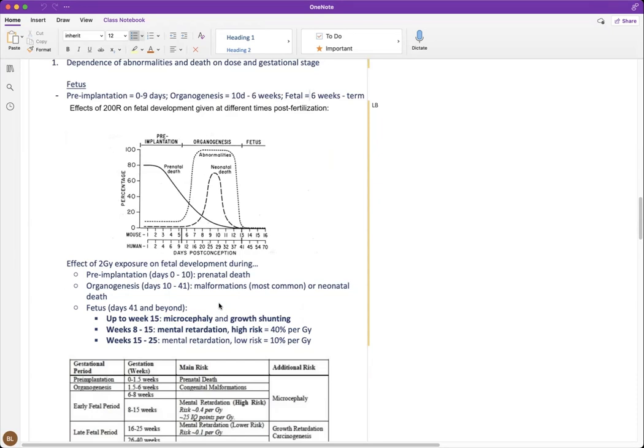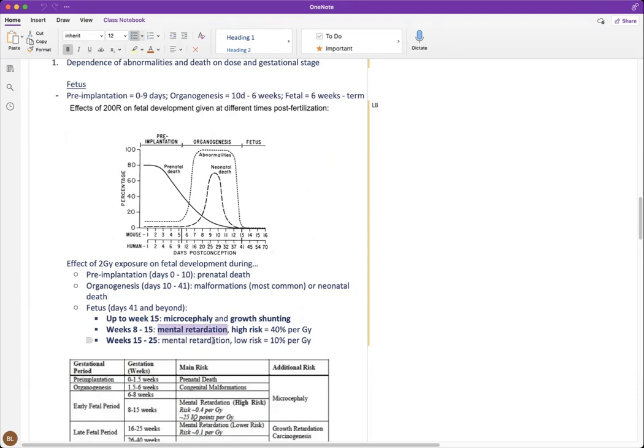Is prenatal death the most likely thing, or malformation, or mental retardation? In this case, at day 15, malformation would be most common. If she was at week 12, then mental retardation would be most common.